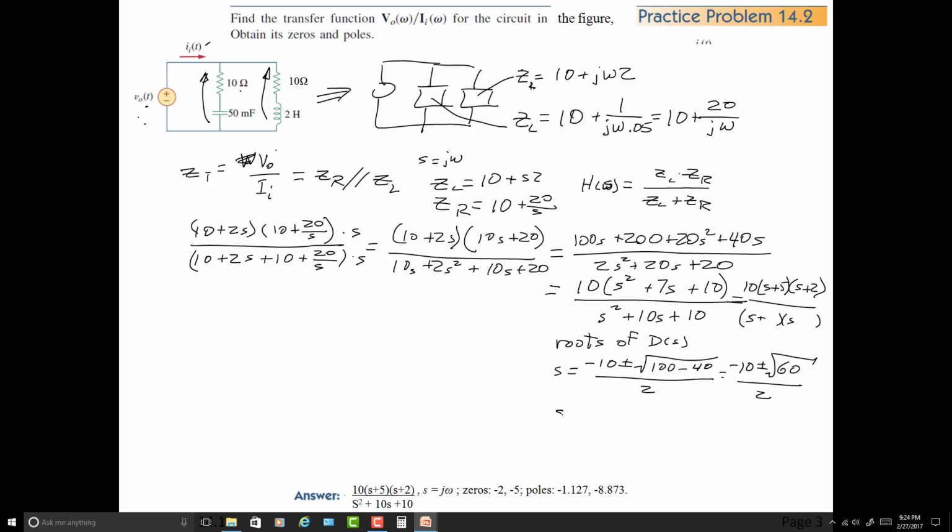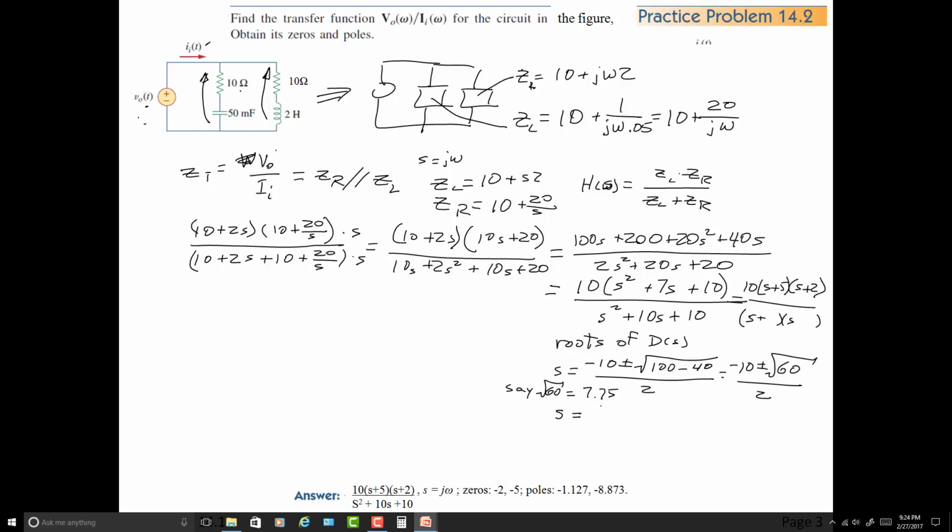So we're going to have minus 10 plus and minus something a little less than 8. So I'm just going to fill in some roots here, and I'm going to say, let's say the square root of 60 is what? If 7 squared is 49, 8 squared is 64. I'm going to call it maybe 7 and 3/4. Yeah, that'll do. 7.75. Let's just call it that.